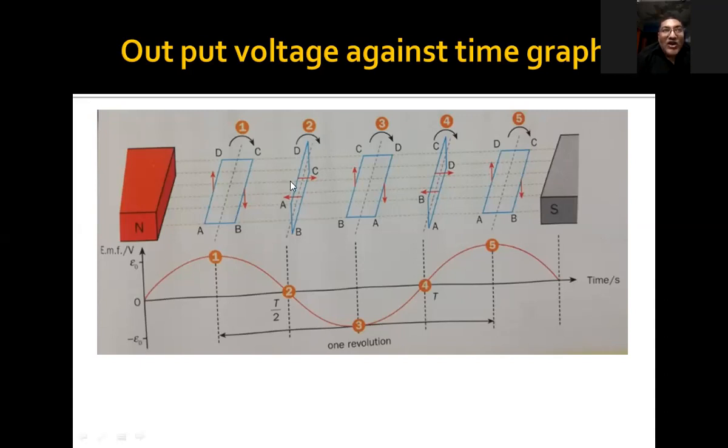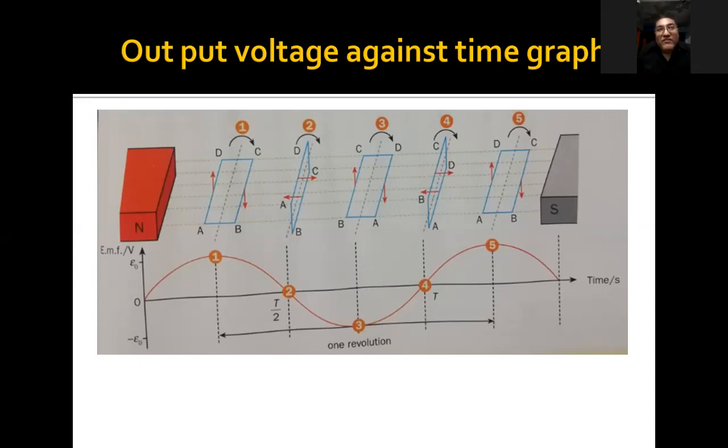And at that instant, the AD will be moving parallel to the magnetic lines. So you see, AD, which is a conductor, when the coil is in the vertical position, as the second figure shows, for an instant will be moving parallel to the magnetic lines, because the magnetic lines are traveling horizontally from north to south.